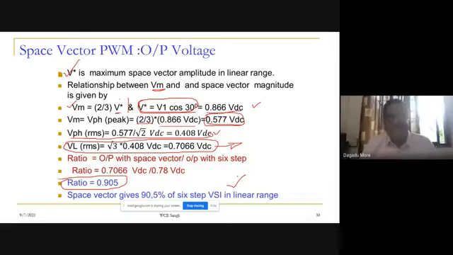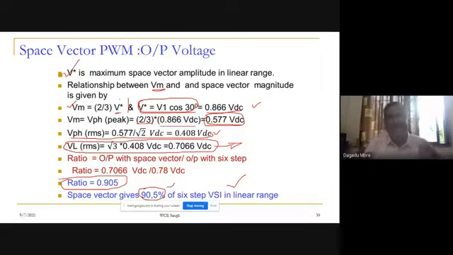Yes, okay. So here, which technique of two-level inverter will give the maximum voltage? Which switching technique will give the maximum output voltage? That technique is the 180 degrees mode of conduction. And in comparison to that, our space vector will give 90.5% of that of the 6 step.